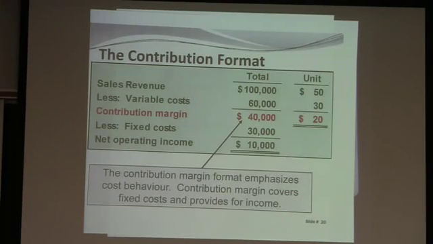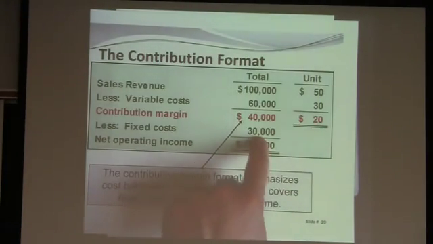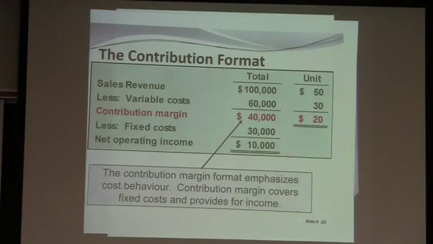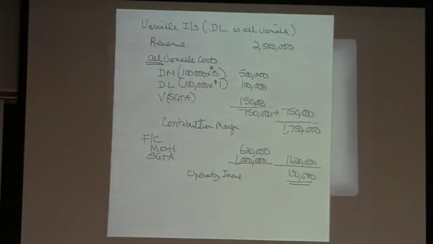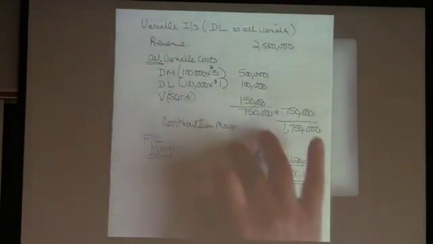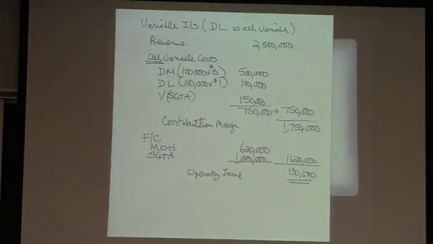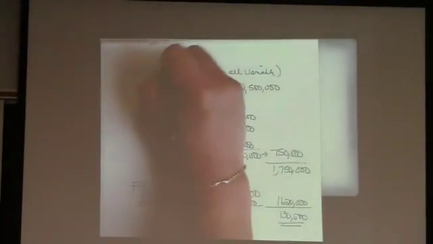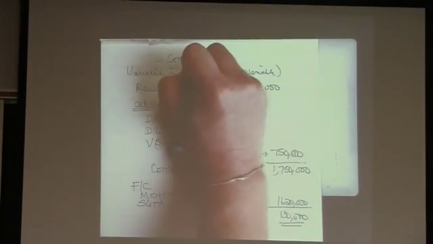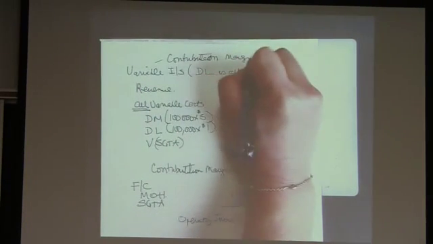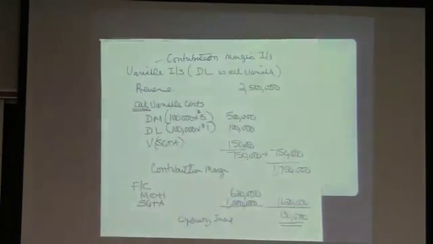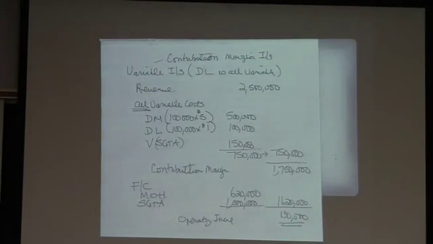Notice that it doesn't include fixed cost, because we assume that over that relevant range of activity, an increase of 10,000 units is not going to affect the overall fixed cost. So this is an extremely powerful statement. It's called the variable income statement, or the contribution margin income statement.